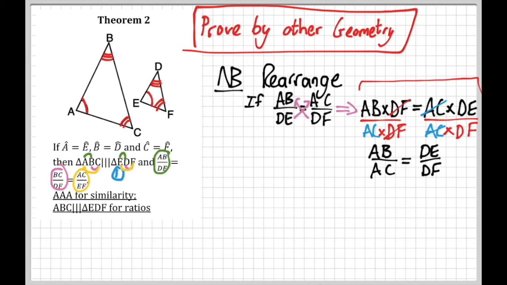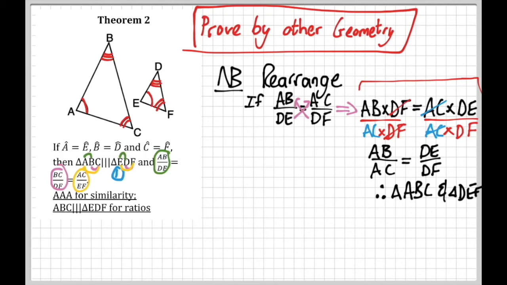The reason why I want to do this is because then on the left I've got one triangle ABC, and on the right I've got triangle DEF that I want to work with. And this is a valuable trick for the exam.